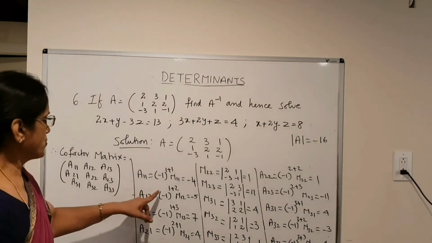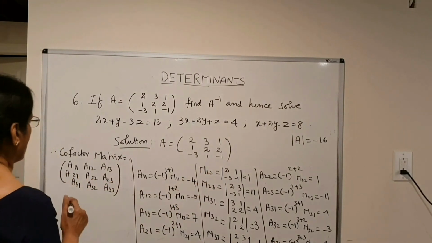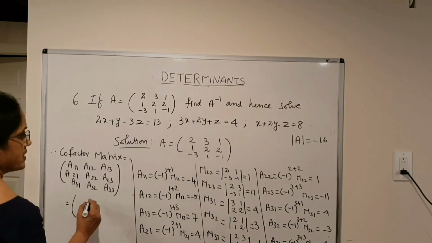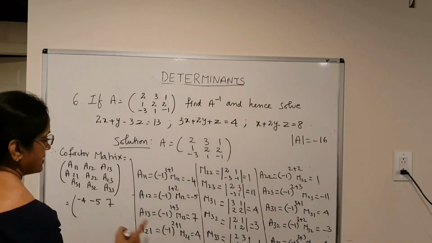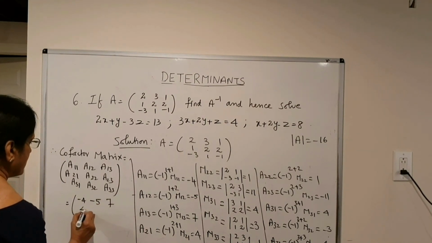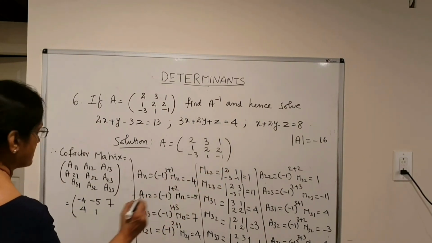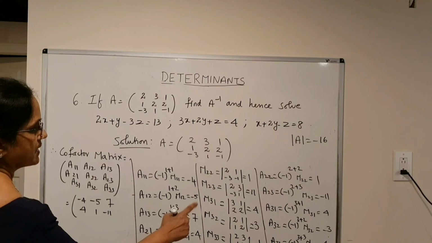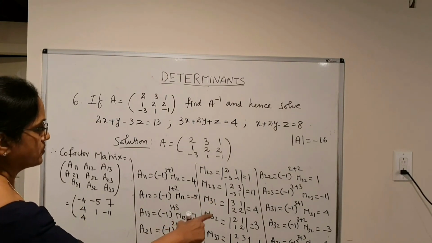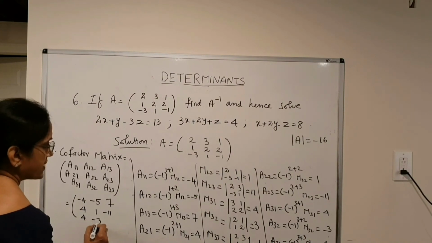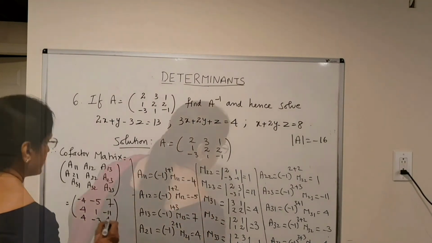Now let us substitute the values of A11, A12, A13 and all from here. I will be getting this matrix as minus 4, minus 5, 7, then 4, A22 is 1, A23 is minus 11, A31 is 4, A32 is minus 3, A33 is 1. That's all.